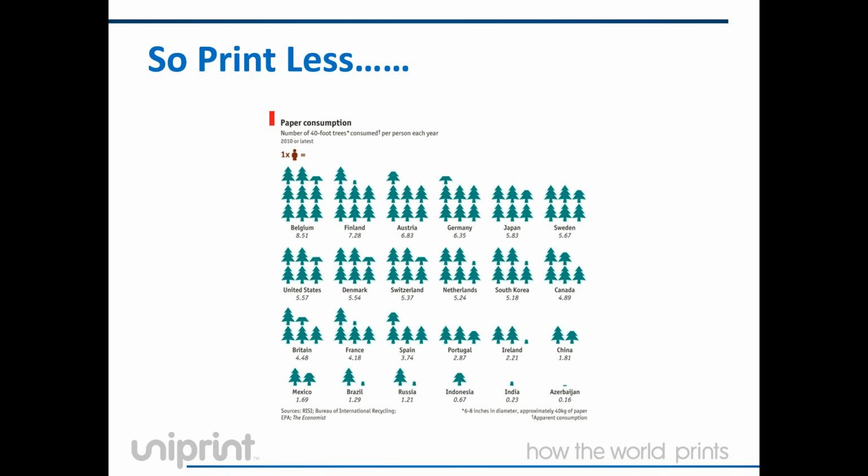This is a graph done by The Economist. It's a couple of years old now, but it shows that in the UK, we are using the equivalent of 4 1/4 trees that are 40 foot tall and 6 to 8 inches wide, which will give an approximate amount of paper of about 40 kilos.